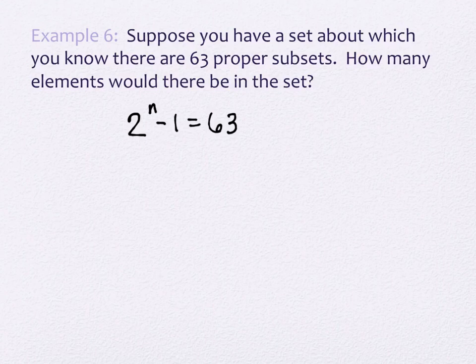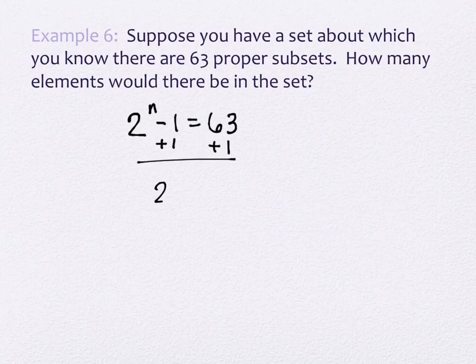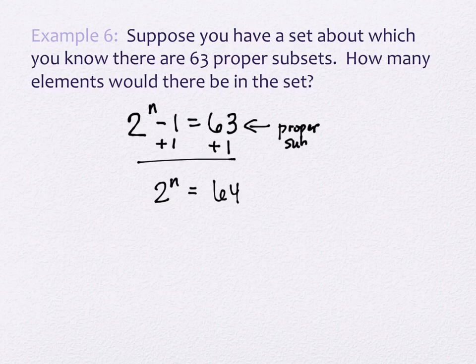Either from the standpoint of algebra, you can add the 1, or from the standpoint of thinking through how proper subsets are related to subsets, it's 1 less, this -1 business here, so I need 1 more. There are 64, 2 to the n is 64. So 63 was the proper subsets. 64 is the subsets.